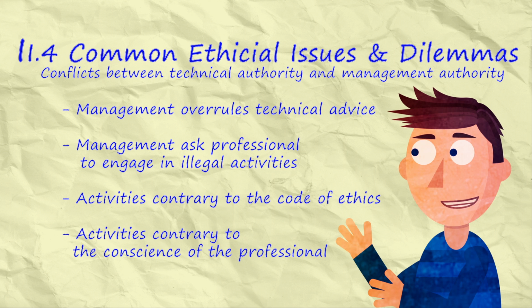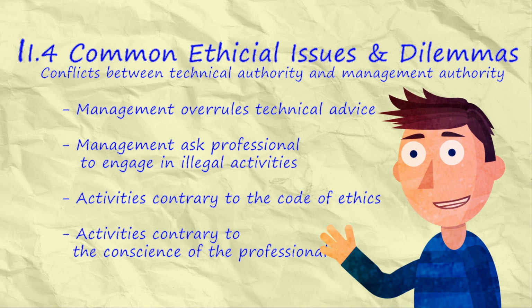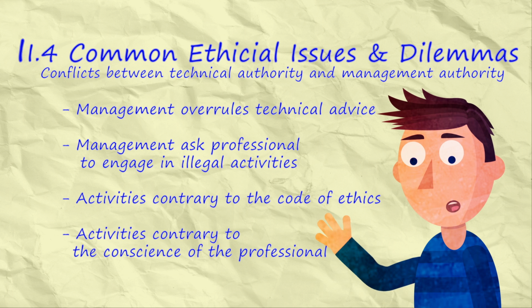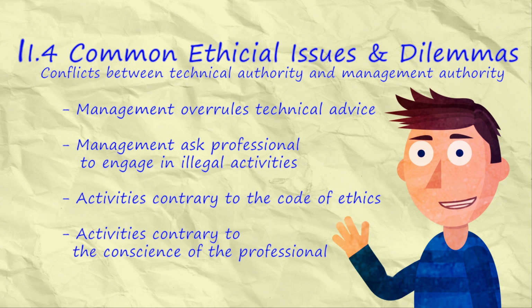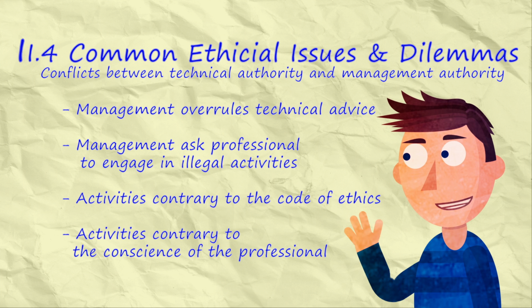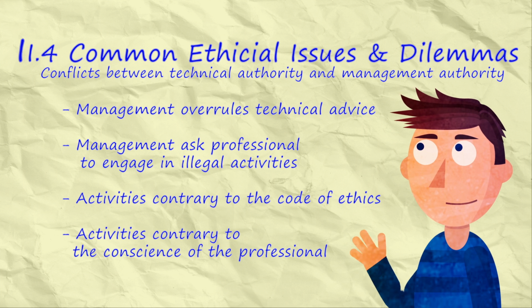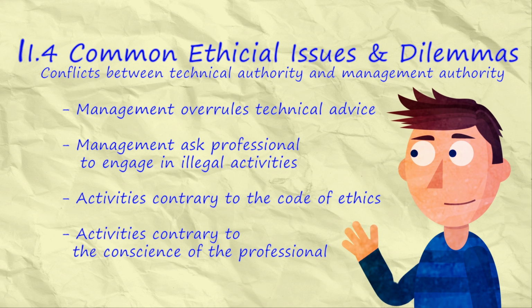The third type of common conflict is activity contrary to the code of ethics. Employers may ask a professional to perform an action that is not a clear criminal act, but a breach of the code of ethics. The professional must decline to act and inform their employer of the code of ethics.